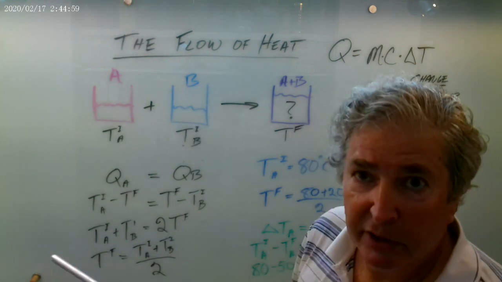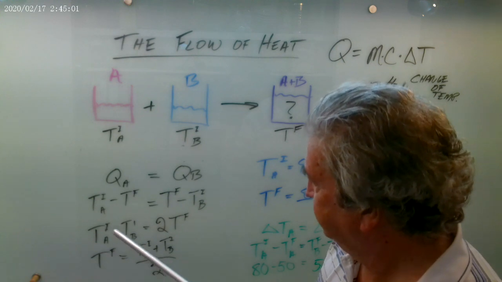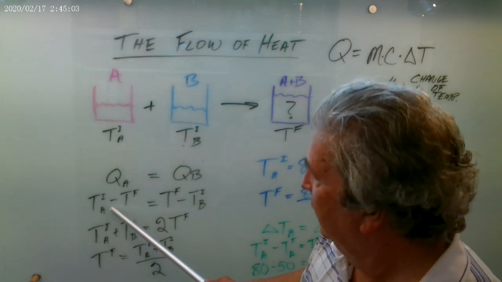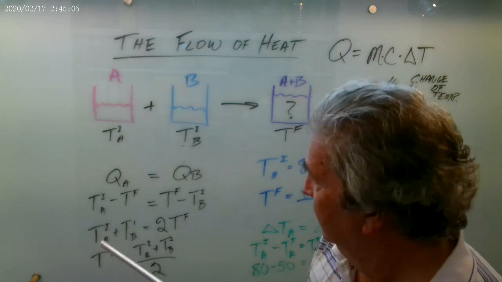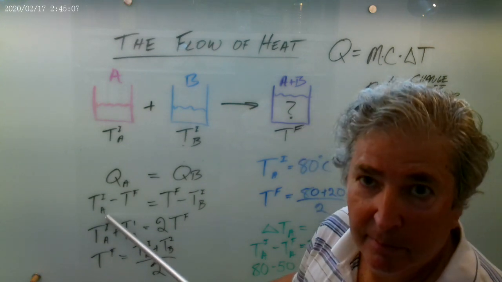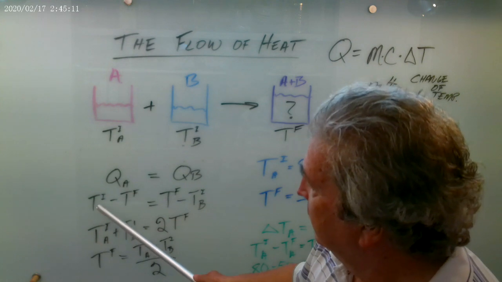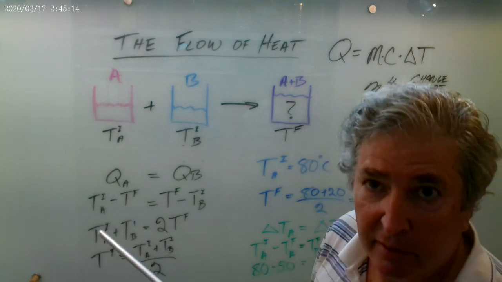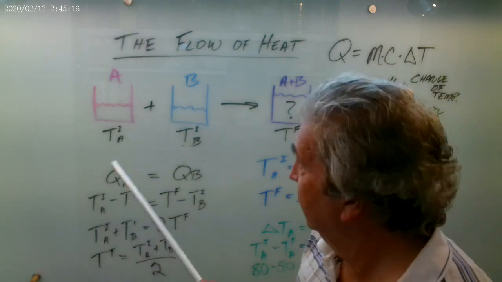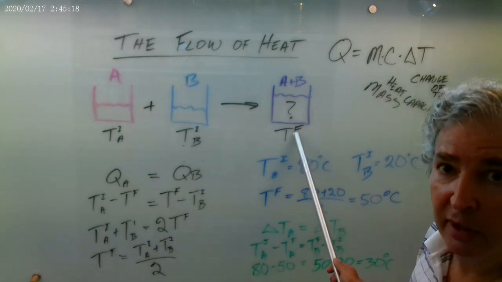So let's look at the change in temperature, delta T. We'll start off with an initial temperature for the sample A. Delta T in this case will be T initial minus T final. And by T final, I mean what comes out of the mix.